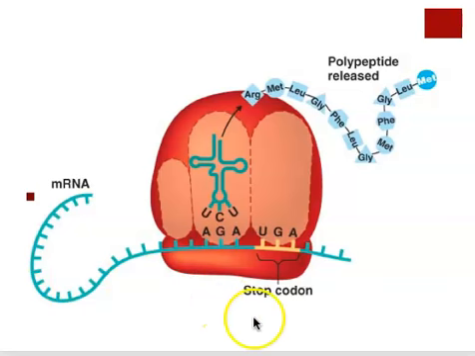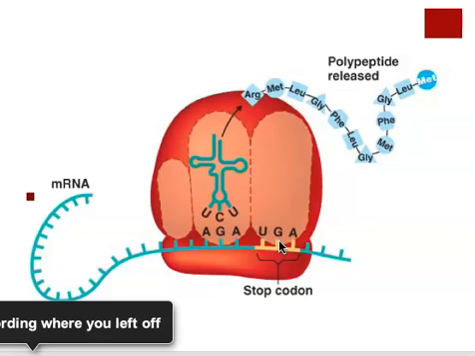At the stop codon, there will be a tRNA that will come into this A chamber. But it will be unlike any other tRNA in that it doesn't carry an amino acid with it. So there will be a tRNA that comes in that has an anticodon to match this stop codon. It will come in and it will bind here, but it has no amino acid on it.